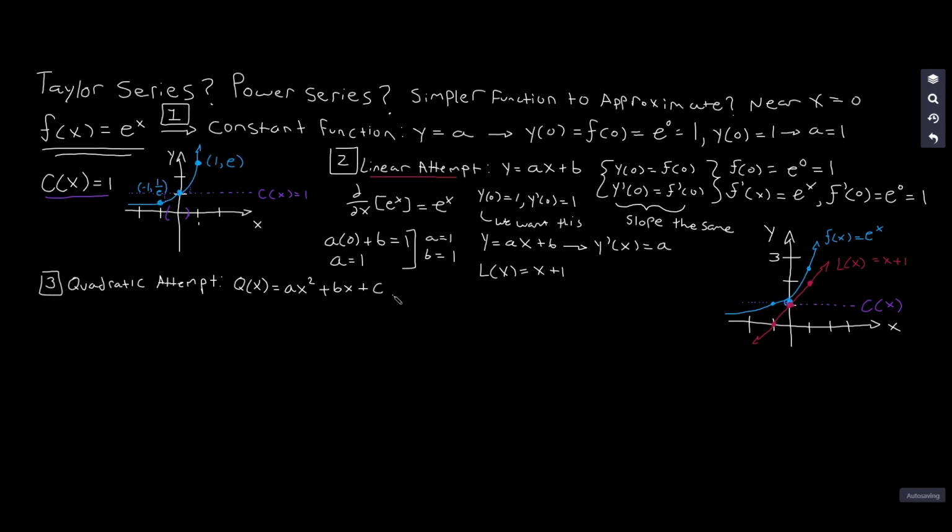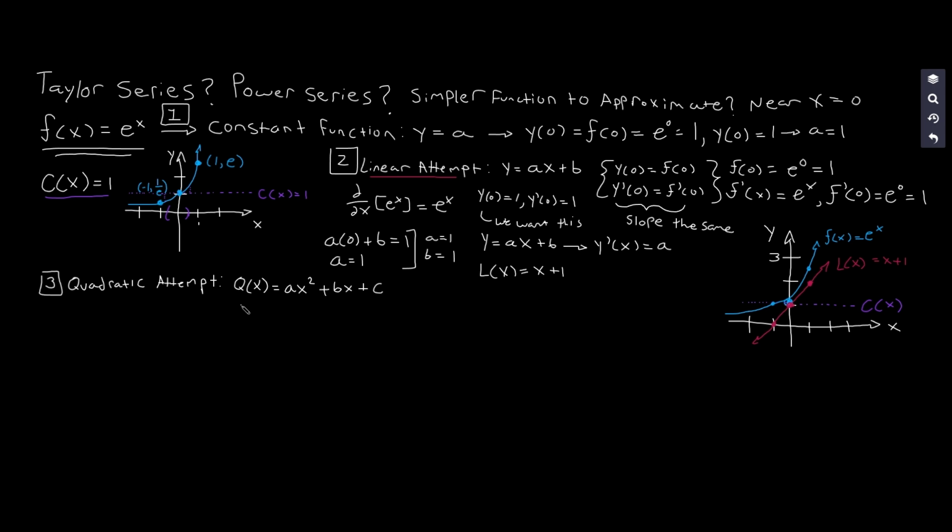And so that's our quadratic there. We have a quadratic q of x equals a times x squared plus b times x plus c.